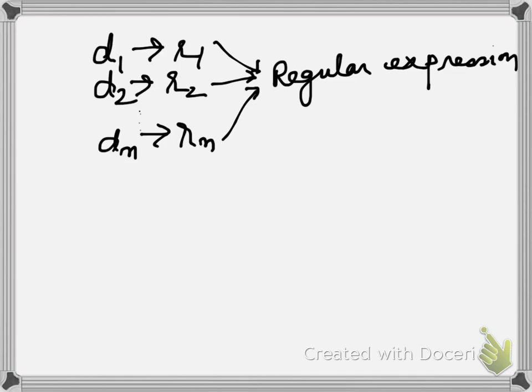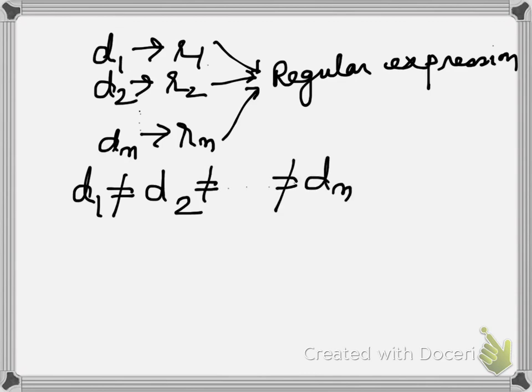And say R2 may contain R1, Rn may contain R2 and so on. So each of these regular expressions can contain some other regular expression. So instead of repeating the regular expression again, we just use the symbol for it. And D1, D2, Dn, these are distinct from each other. They are never the same. You cannot repeat. So they are all distinct. Okay, so this is a regular definition.